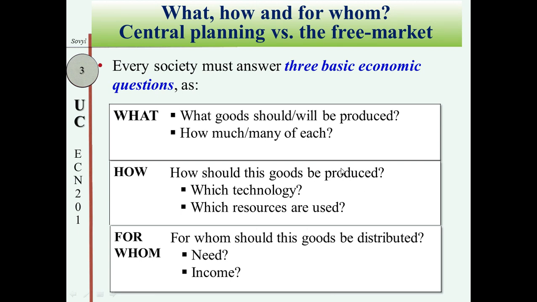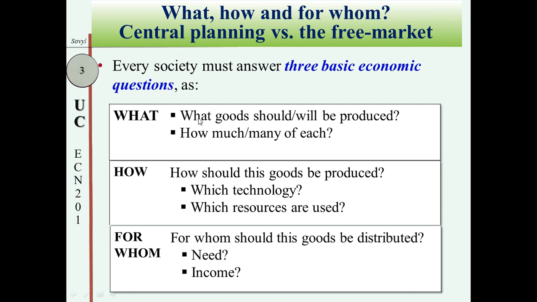How can they buy? It depends on ability to buy. And buy for whom? They buy this product for whom? This is household, and this is about producer. What good to produce and how many to produce and how to produce, and produce for whom?